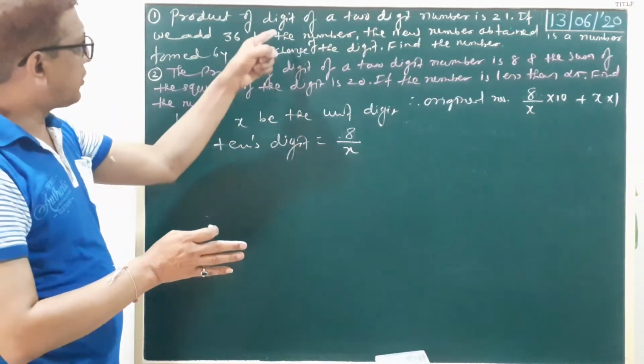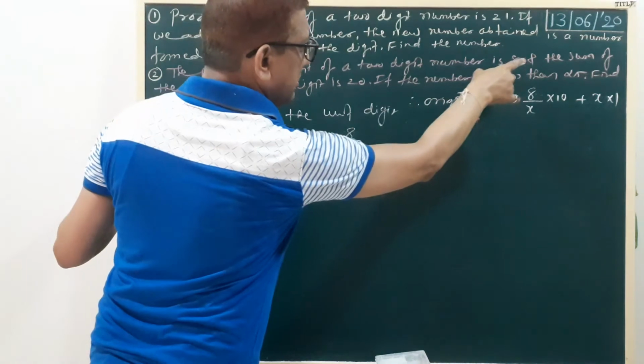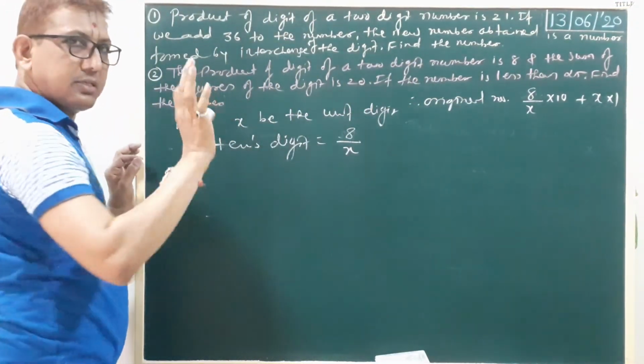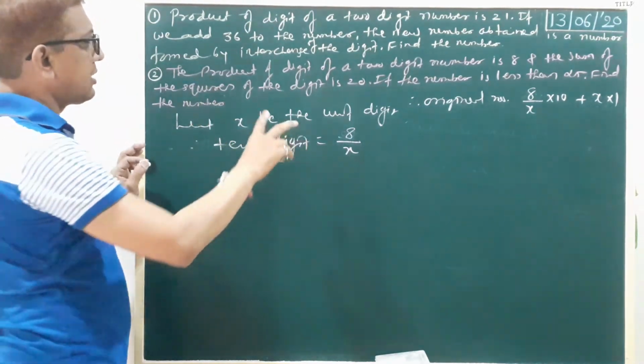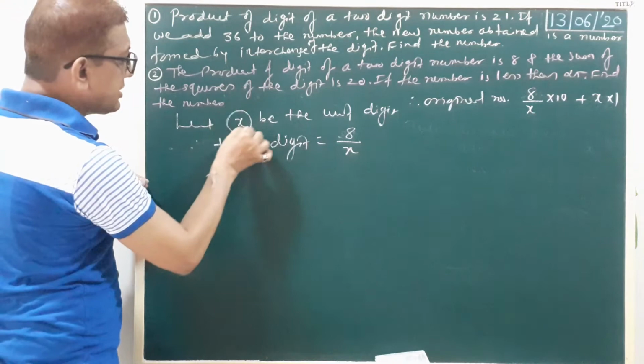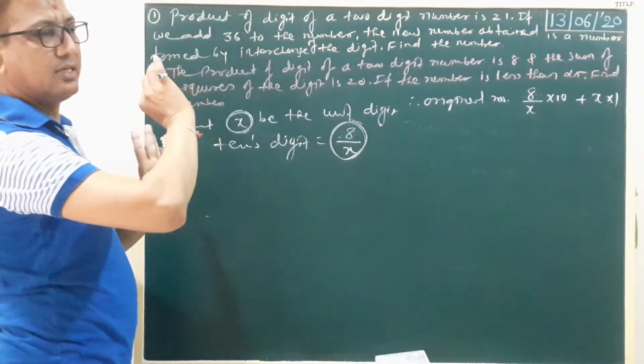Okay. Now read the question. It is somewhat different from the first. Look here. The sum of the squares of the digits. This is your unit digit and this is your tens digit.